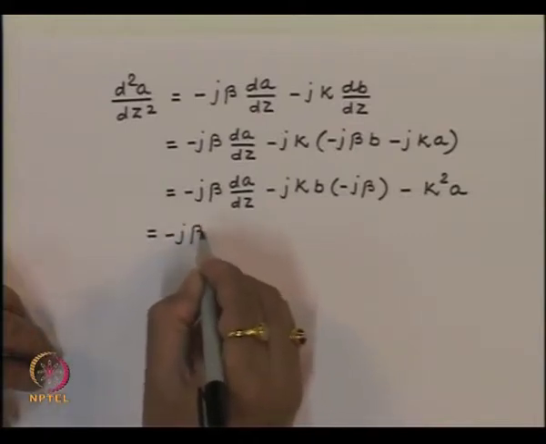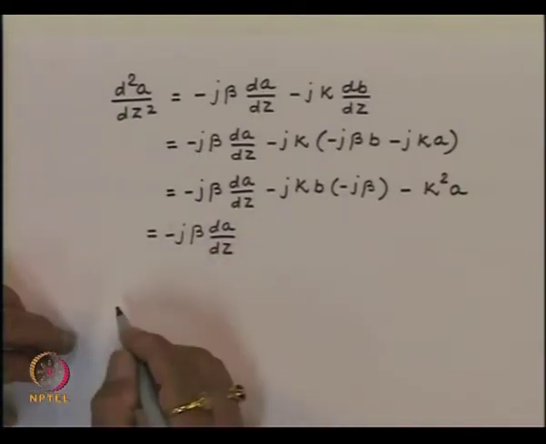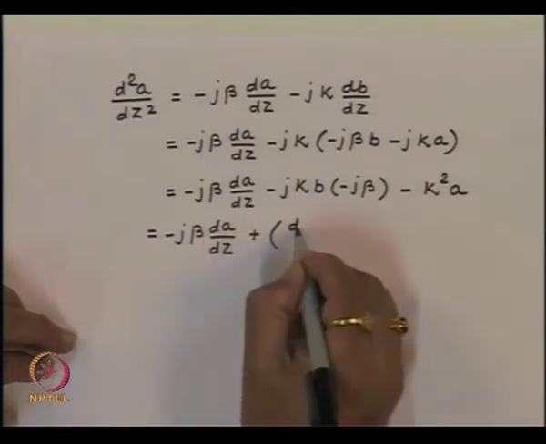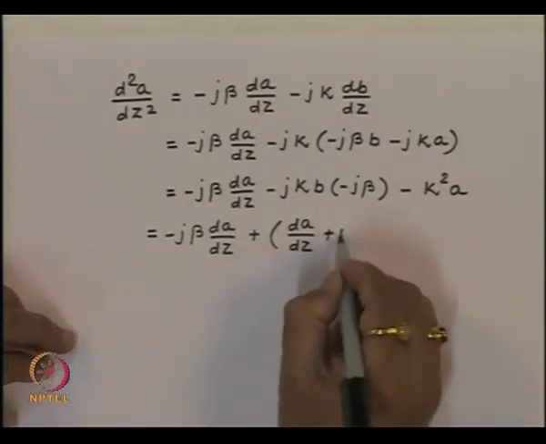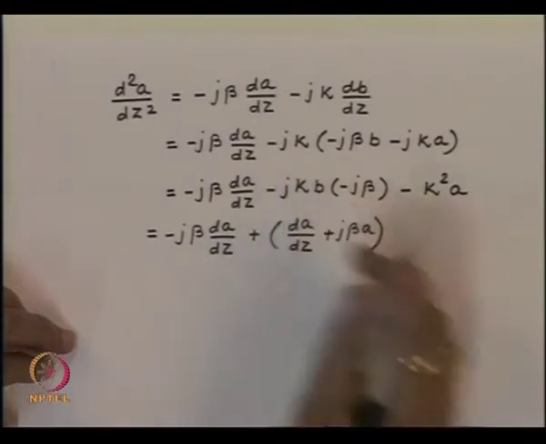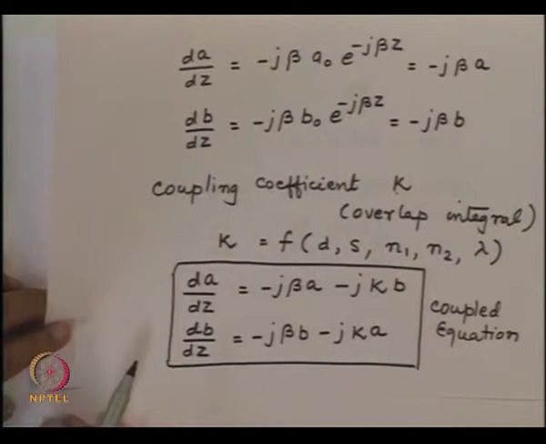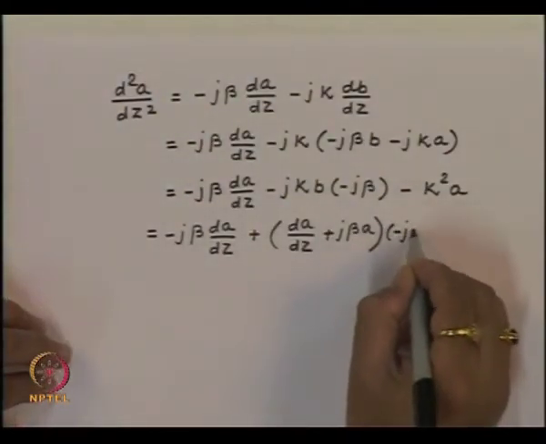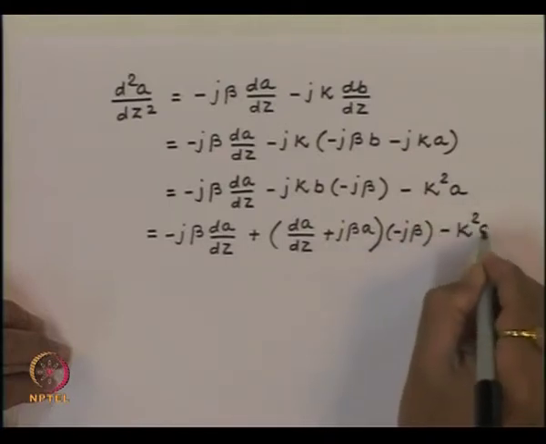So this will be equal to minus j beta dA by dz plus this we can write now as dA by dz plus j beta A, that is minus jkb from this equation, multiplied by minus j beta, minus k square.